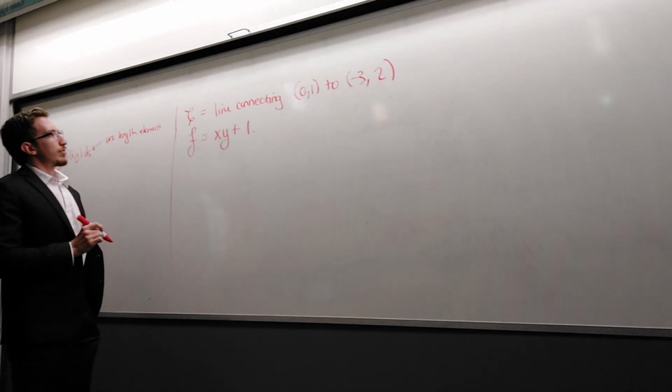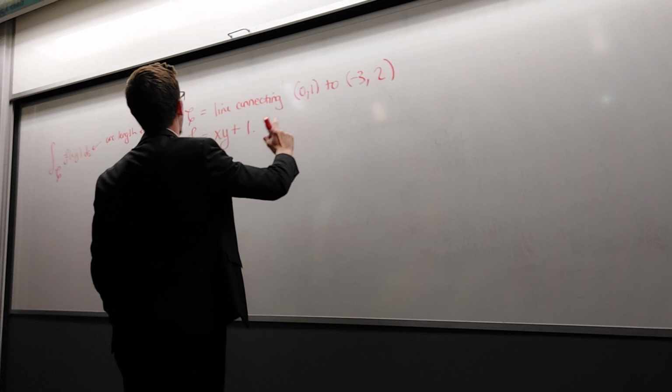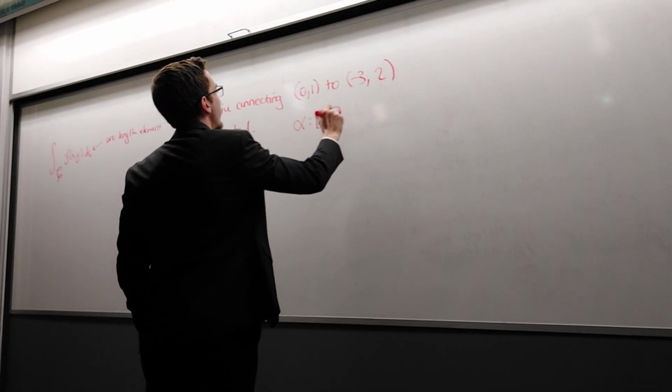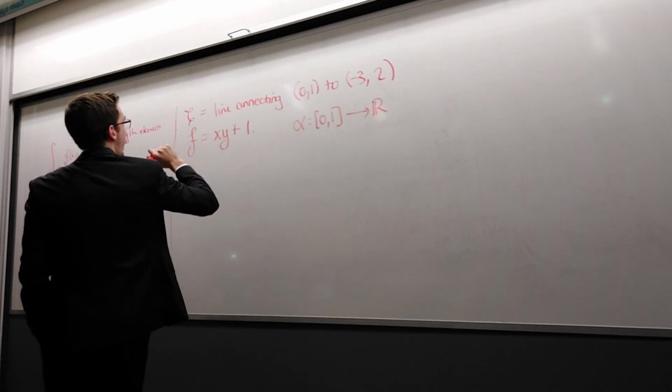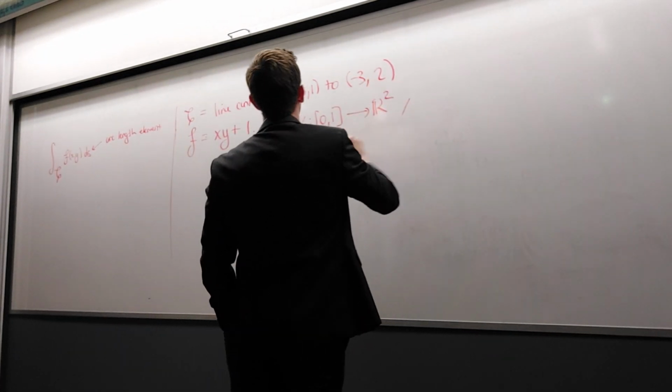What do we do first? We need to determine the parameterization of the line. And how do you want to do that? t times the final point plus (1 minus t) times the initial point. So I have alpha from 0 to 1 into R2.